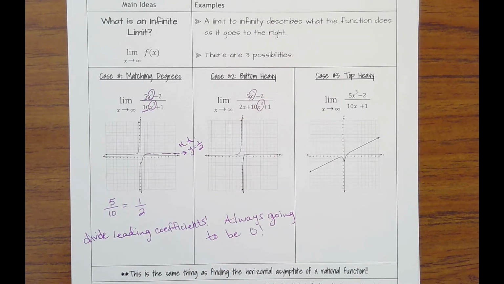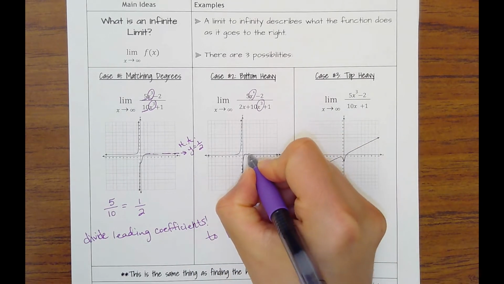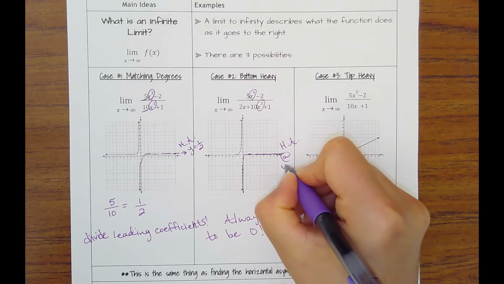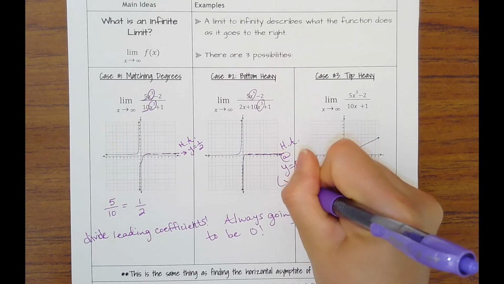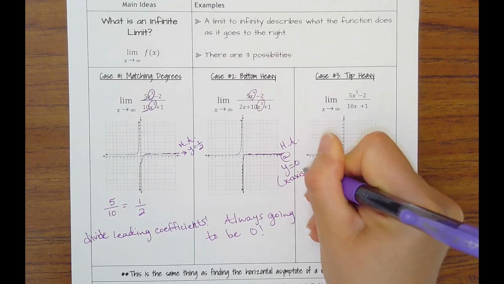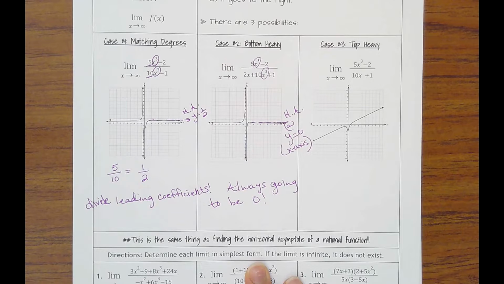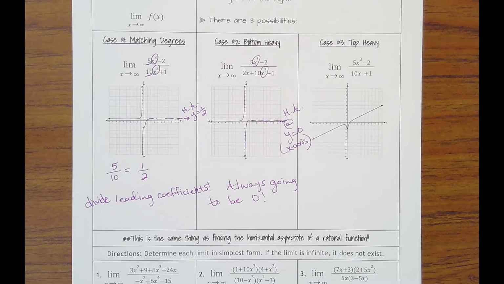Always, always, always. So if it is bottom heavy, it's automatically got a horizontal asymptote at y equals 0, or the x-axis. And you should recognize these rules. This is the same thing that we used to find horizontal asymptotes of rational functions last year.